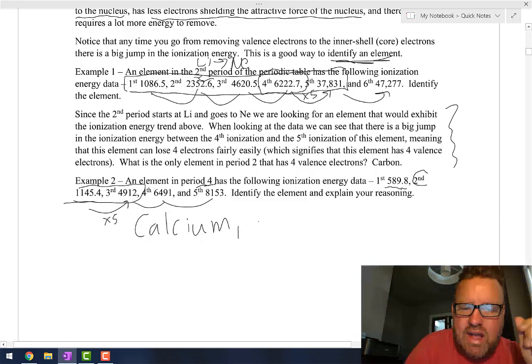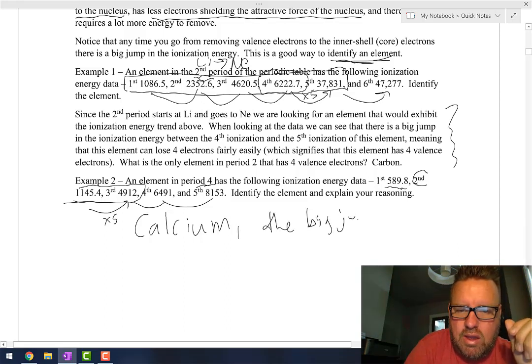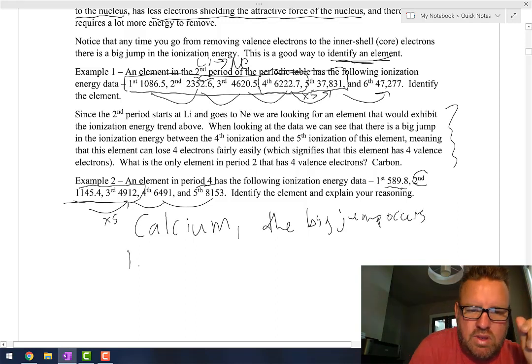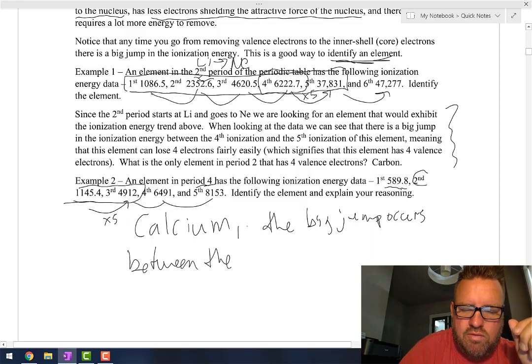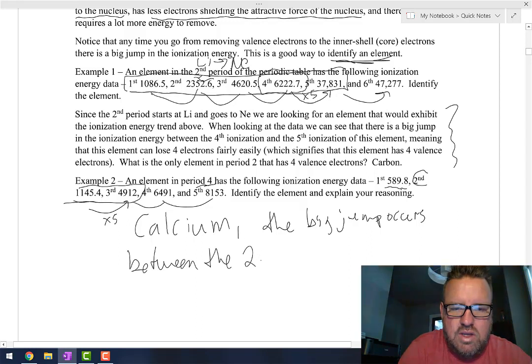It's calcium because the big jump occurs, and hopefully you're writing this down too, guys, between the second and the third ionization energy.